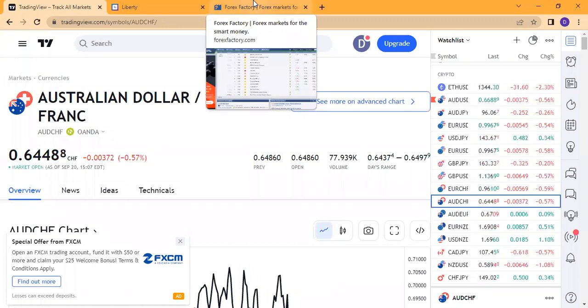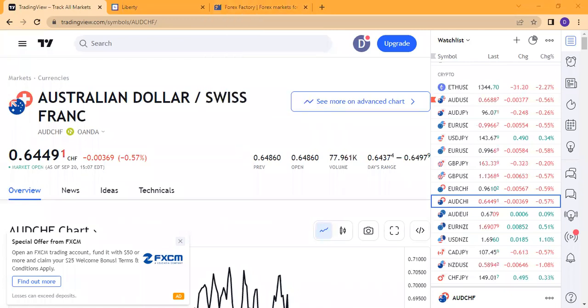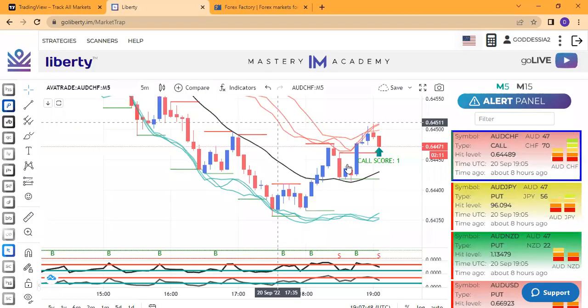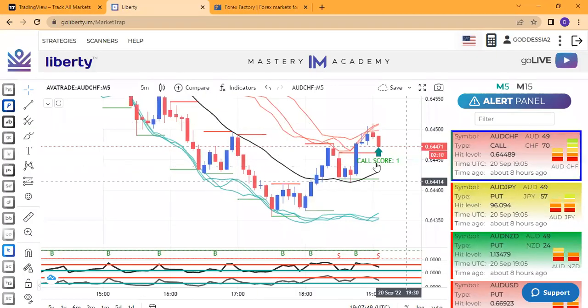When it gets to your zone on timing, let's say 8:15, your RSI is there, stochastic is there, because you use technical and also confirm with strategy. Your call score trade is showing. You take the trade for 5 minutes, fixed time.